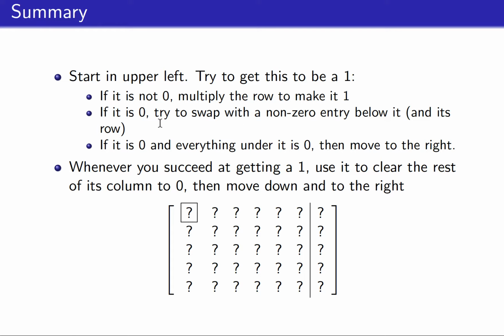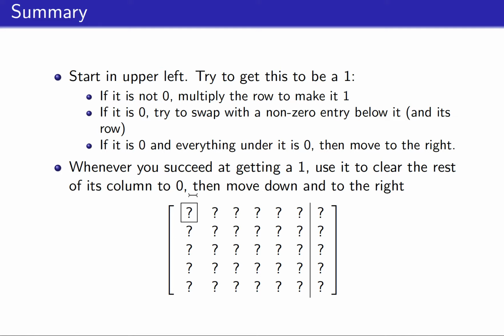Okay, so look below it, see if there's a non-zero entry below it. If it is 0 and everything under it is 0, then move to the right. So all of this is in order to make this a 1. Once I get this as 1, then I use it to clear the rest of its column to 0, and then move down into the right.